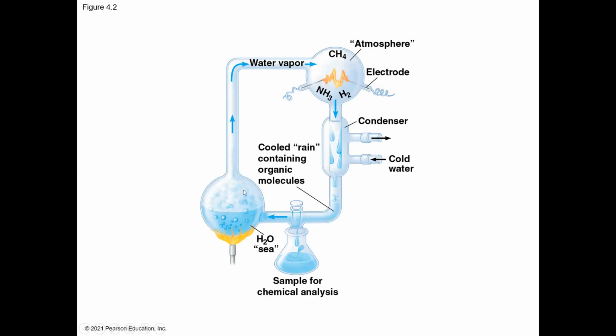And so Stanley Miller, this is the experiment that he did. So one thing that he did was that he created a water-based sea, and you can see he put it under fire to create a hot spring-like environment. As the water evaporated, it would turn into water vapor and go up into this young Earth atmosphere.